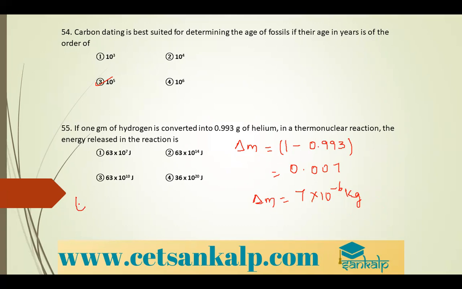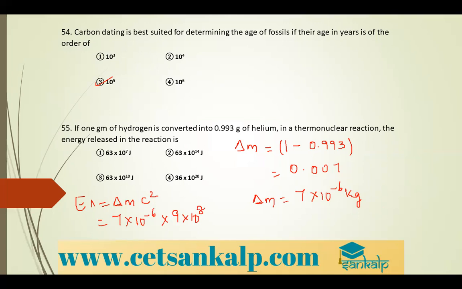So you have the formula E is equal to delta M C square. So 7 into 10 to the power minus 6 into 3 square, that is 9 into 10 to the power 8.